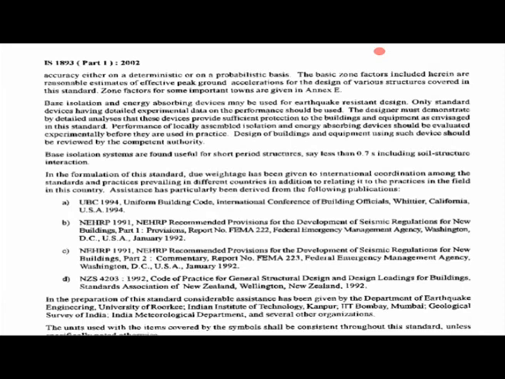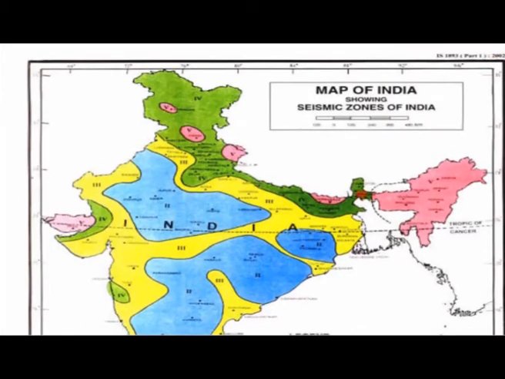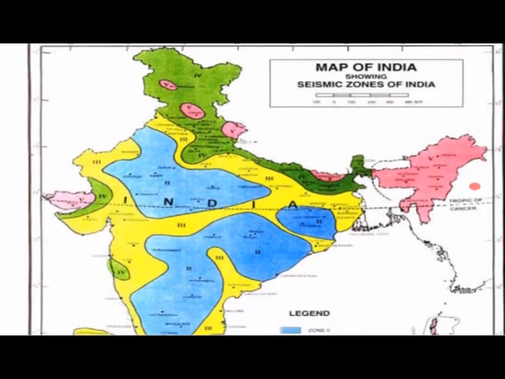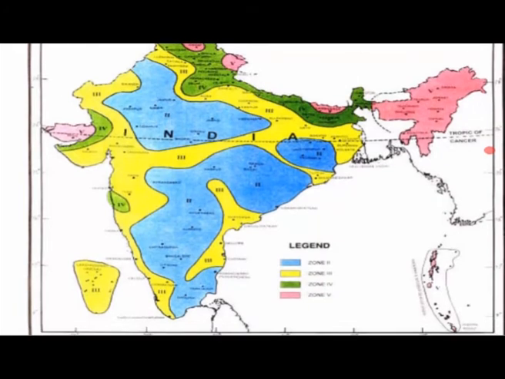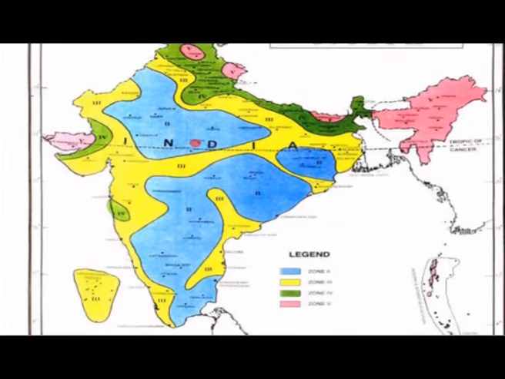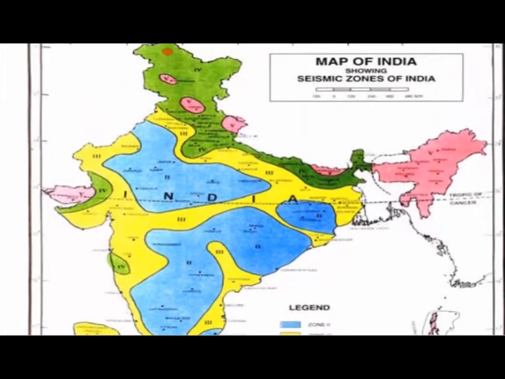But I am not going to detail it. Only thing I would like to show you is the earthquake zone map, which you are familiar with. Right now there are 4 zones because zone 1 is merged into zone 2. So zone 2, zone 3, zone 4 and zone 5. You see this one is zone 5, this one also zone 5, and here also you will find certain pockets of zone 5.